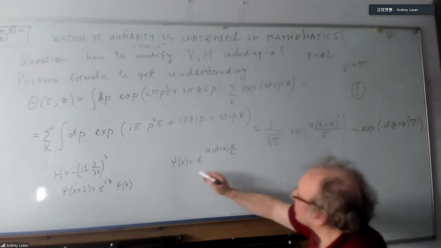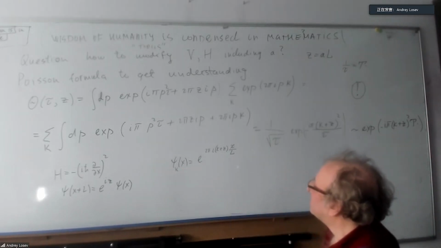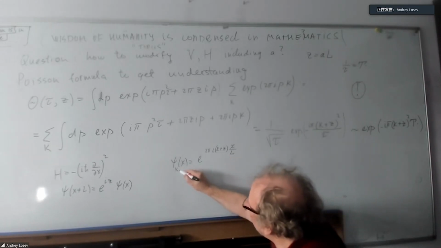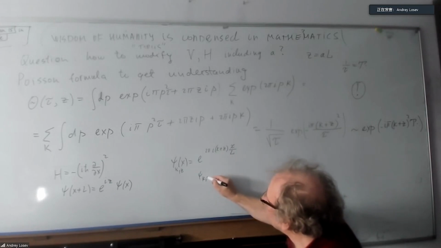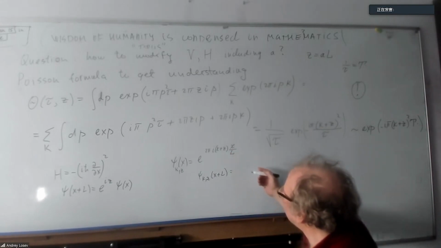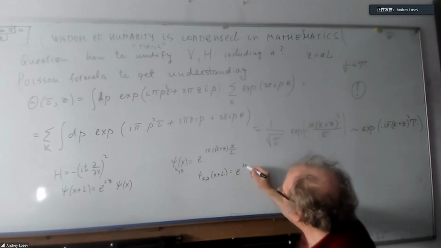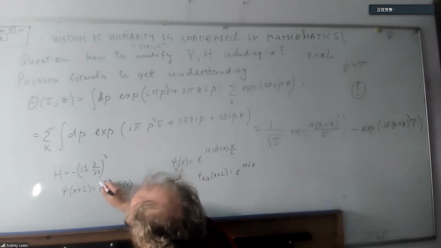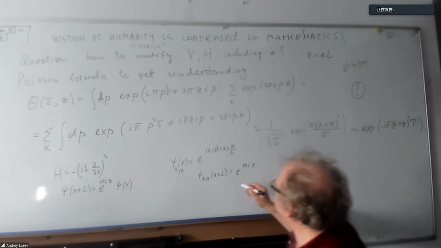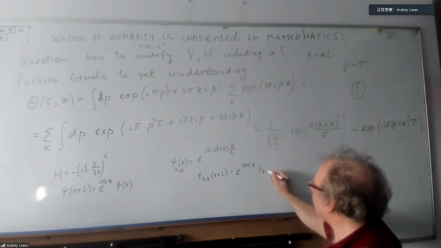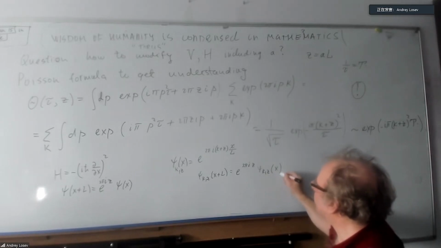So for such psi, let us check that psi_kz of x plus L is e to the 2 pi i z times psi_kz of x.